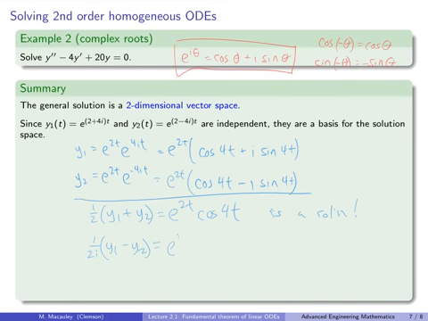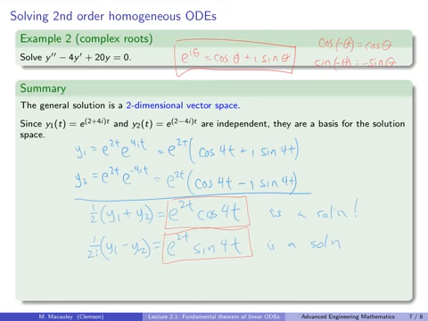This is e to the 2t sine of 4t. So this is a solution. So now we have these two functions, which are clearly not scalar multiples of each other, so they are independent, and these are a different basis.